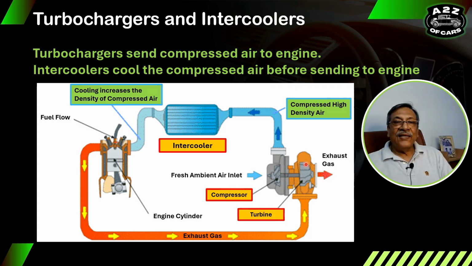So exhaust gases are used to rotate this, and after that they go out into the atmosphere. Now what happens? On the other side you have the turbine. Since the turbine is moving, it will suck the fresh air from outside, right? So fresh ambient air inlet happens, and this compresses the fresh air.